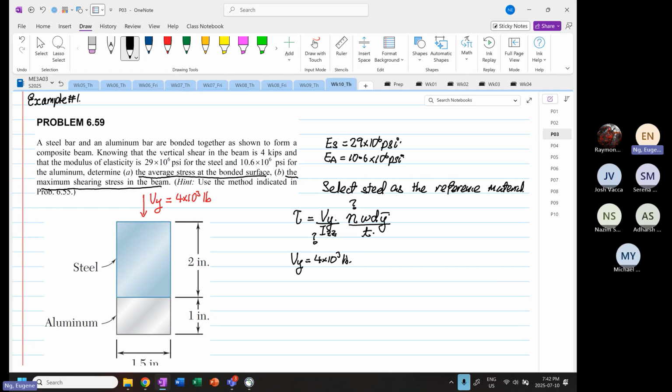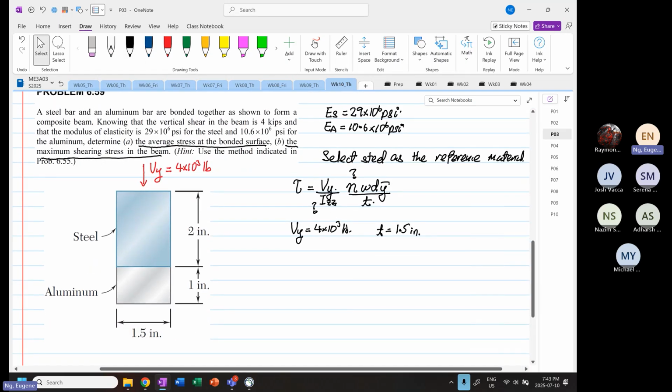We don't know what is our N yet. The thickness we know. Regardless whether it's aluminum or steel, this is equal to 1.5 inches.